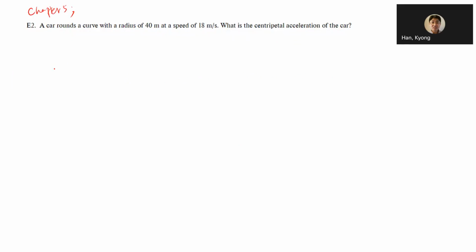The car is running along this circular path. Its radius is r equal to 40 meters, and its speed is 18 meters per second. We need to find the centripetal acceleration.